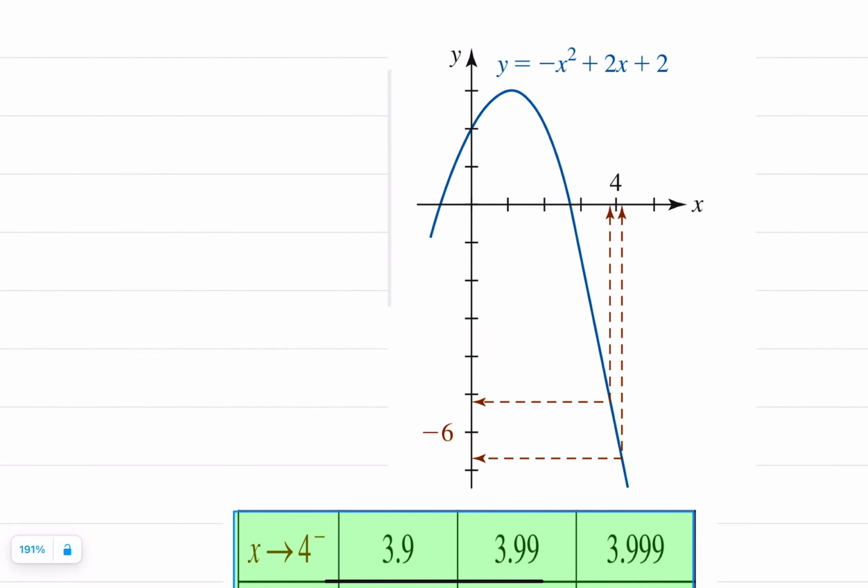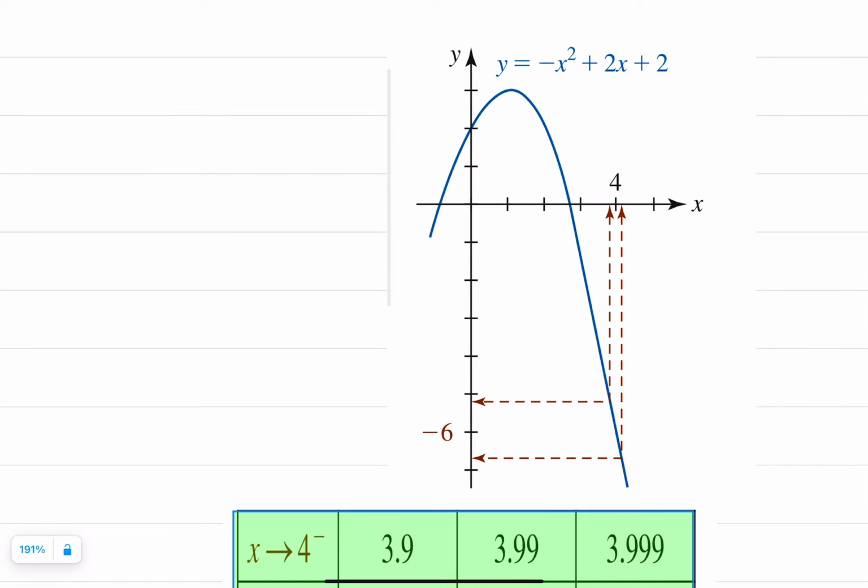If we look closely at the graph and focus on the point x equal to 4, we have to approach 4 from the right side and from the left side. We will see how it behaves.